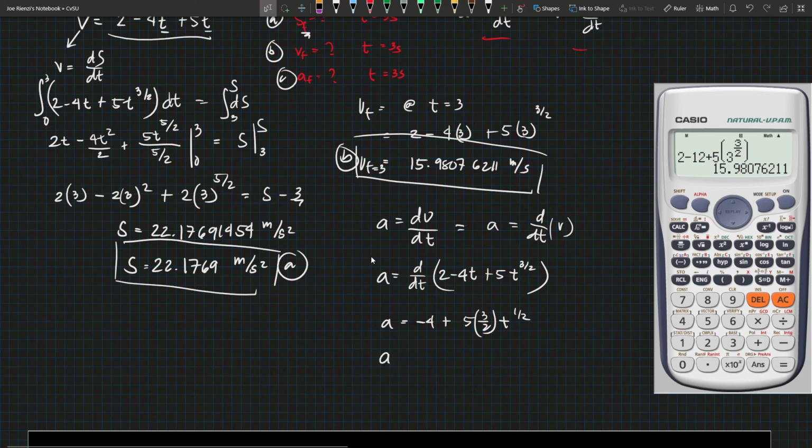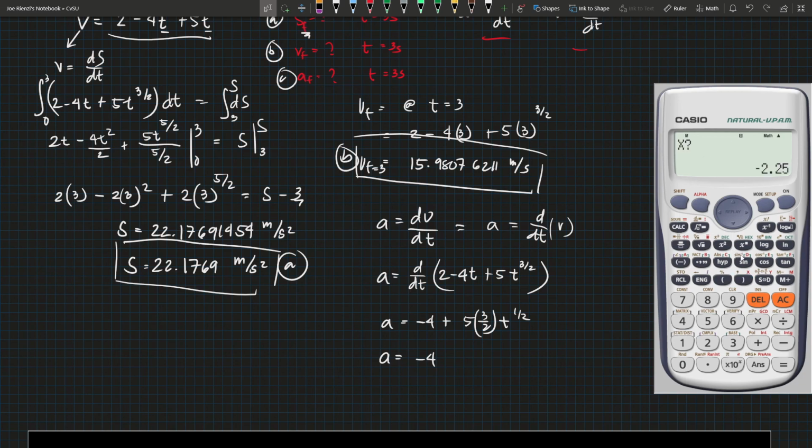So our acceleration can be given as negative 4 plus 5 times 3, 15 over 2, time squared, or 1 half, or square root of time.